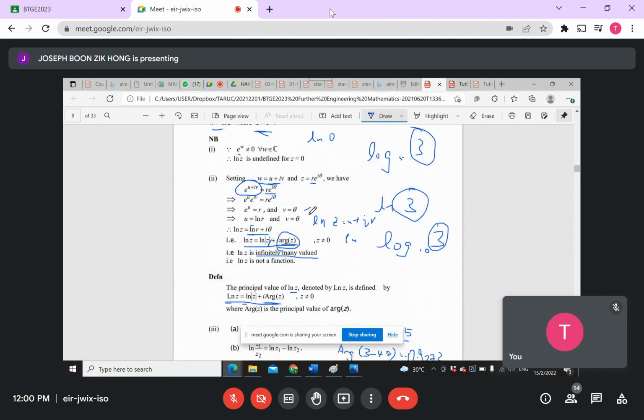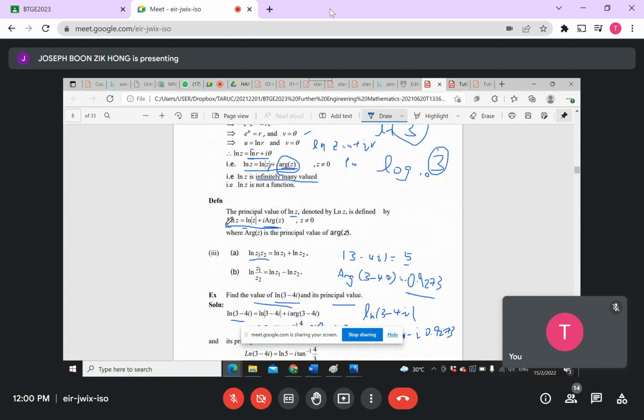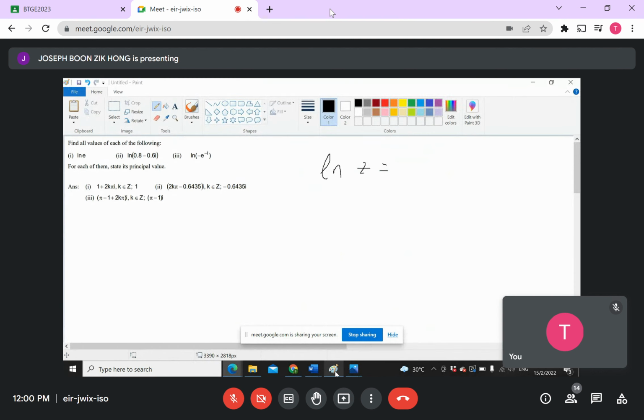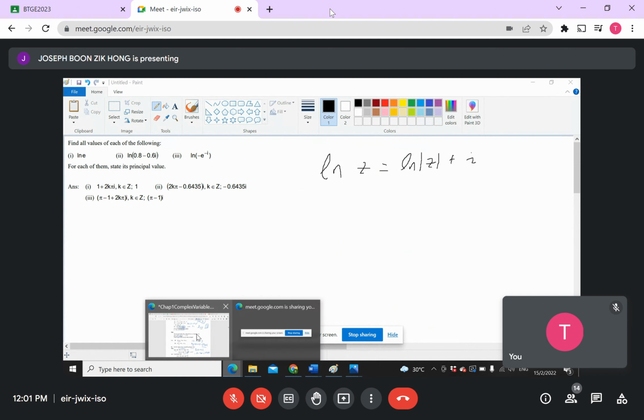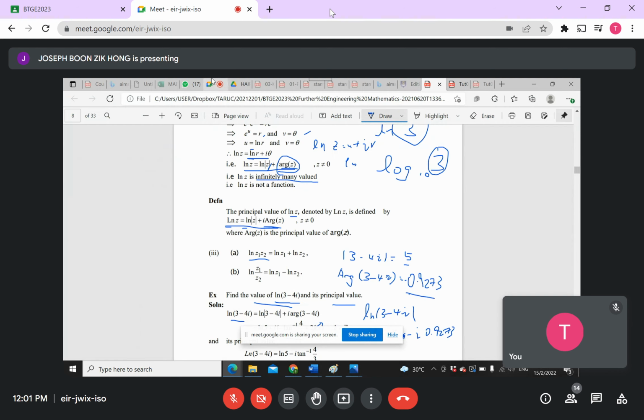Okay, this is our formula. ln z will be ln modulus of z plus i argument of z. This is for when z is a complex number. When z is a complex number, then ln z is equal to ln modulus of z plus i argument of z.